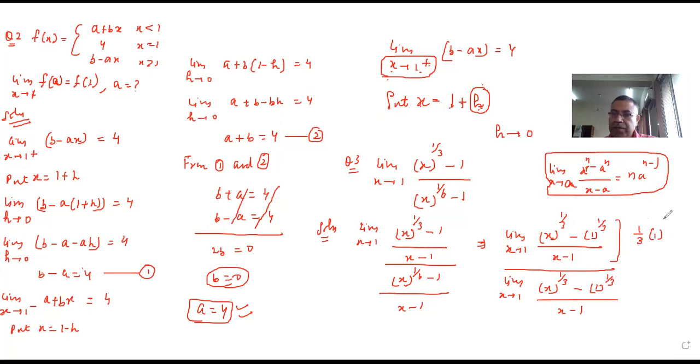That means n minus 1 is 1 by 3 minus 1, which is minus 2 by 3. Whatever be the power, 1 raised to it will be 1. Here this is 1 by 6, so 1 by 6 minus 1 is minus 5 by 6. So it will be 1 by 3 upon 1 by 6, which implies 1 by 3 into 6 by 1, which implies 2 is the answer of this question. So this is the third type.